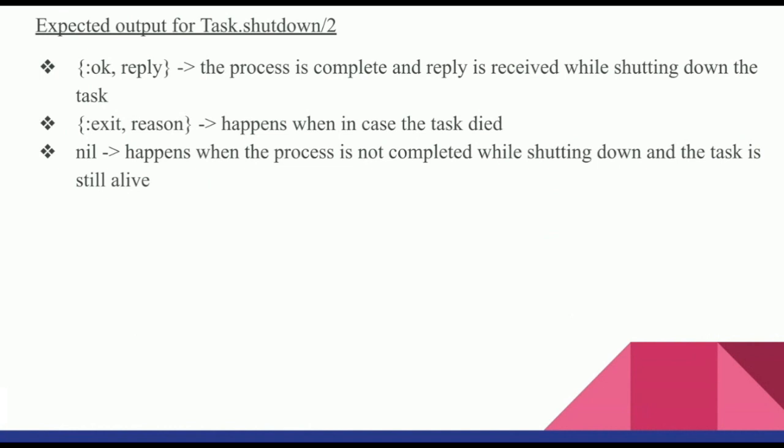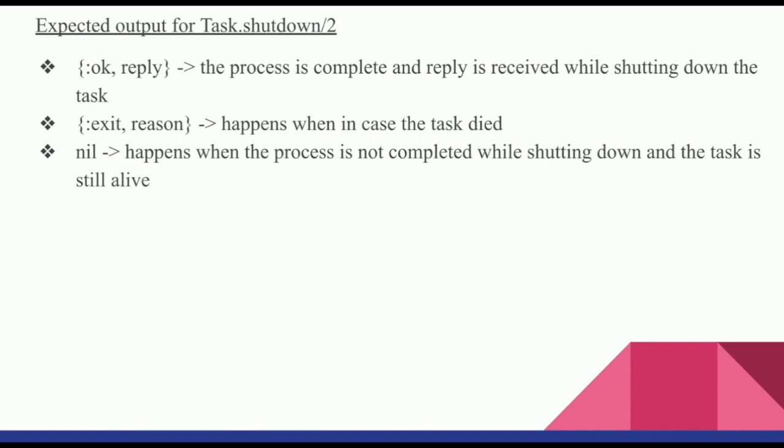It only shuts the task down if the timeout has elapsed, if the task takes a longer time to complete, because await has a default of 5 seconds. Once the 5 seconds has elapsed, it will crash.